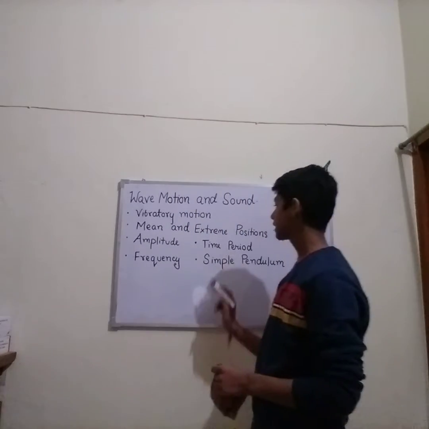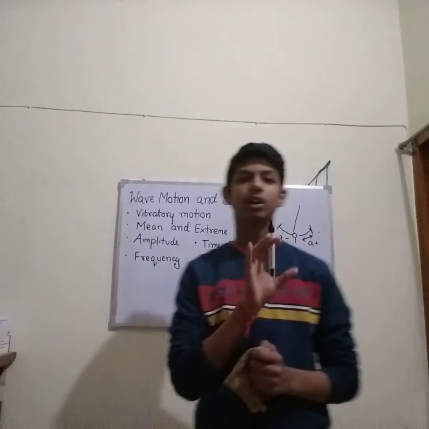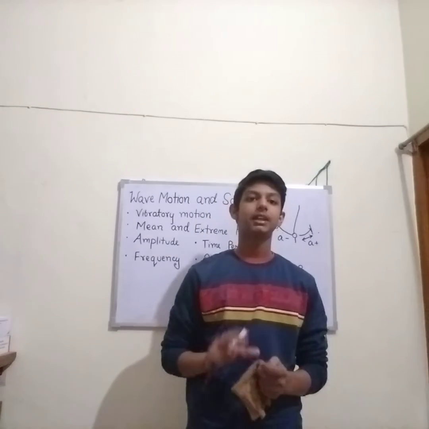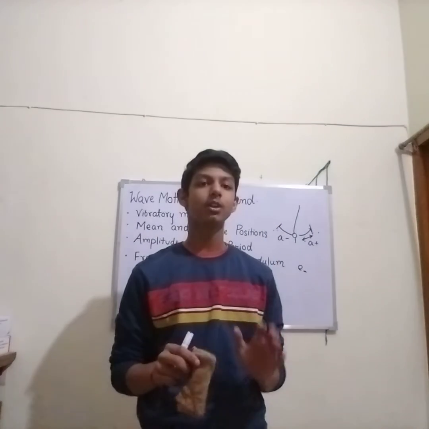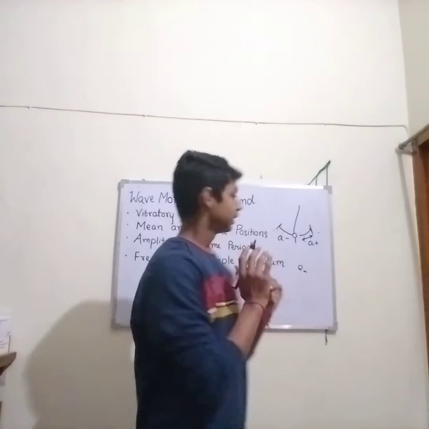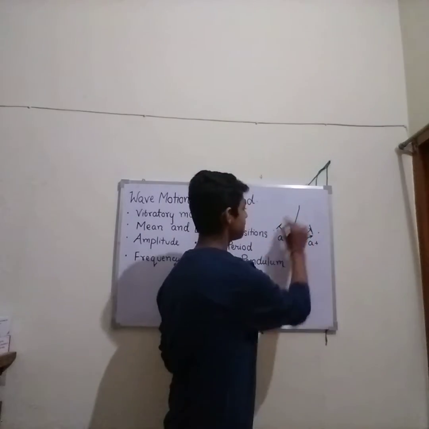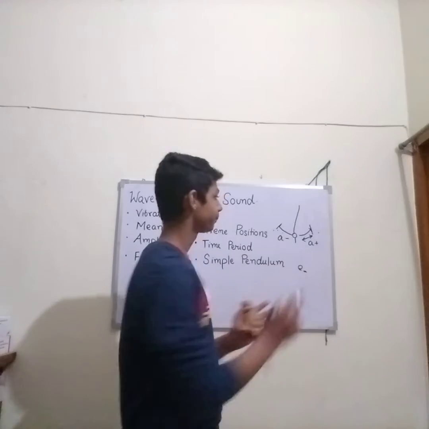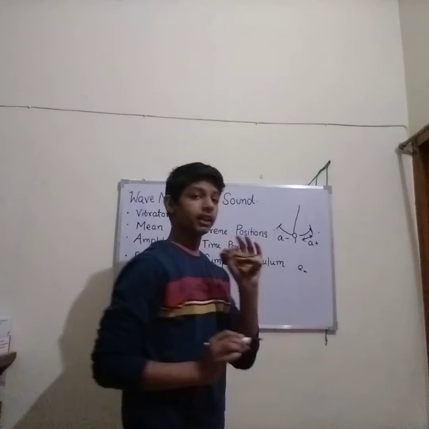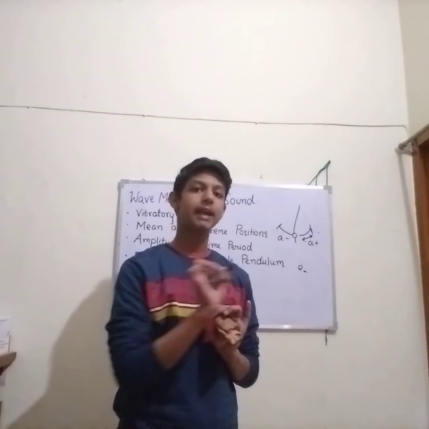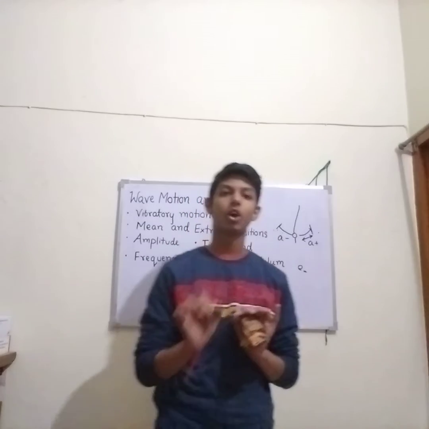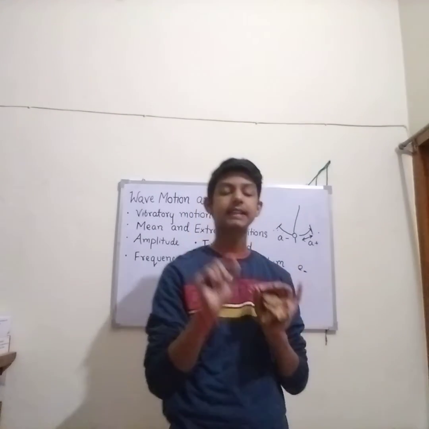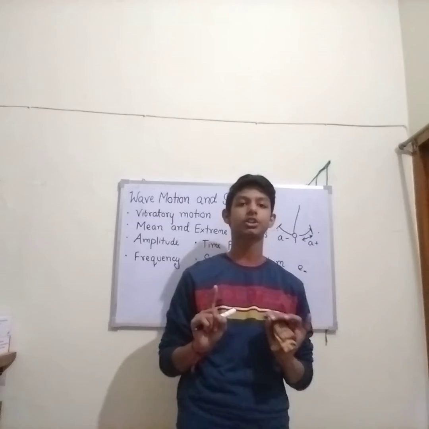Now we will discuss time period. Before some moments I talked about time period, now I will describe it. What is time period? This is a system of simple pendulum and the bob will move in either direction. The time taken by the pendulum to cover a cycle is called one whole oscillation.